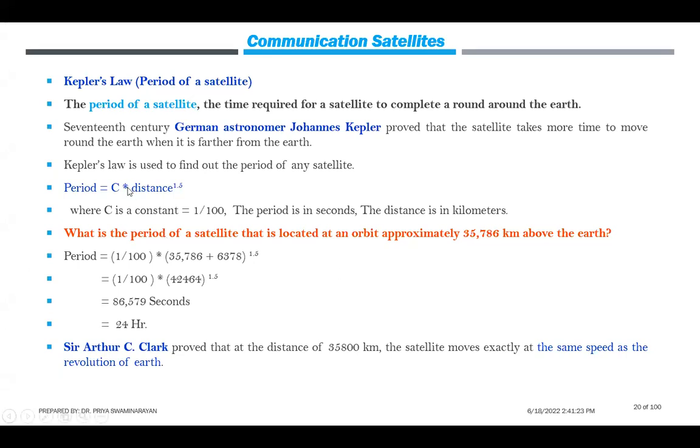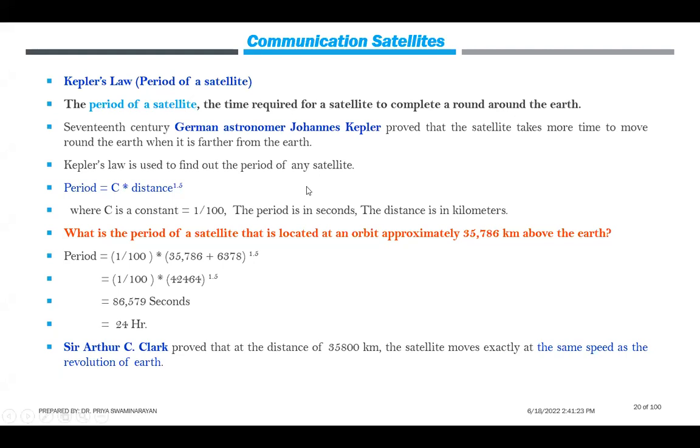He proved a formula: period equals C into distance raised to 1.5. C is a constant value. Distance is always measured in kilometers. And the period is measured in seconds.